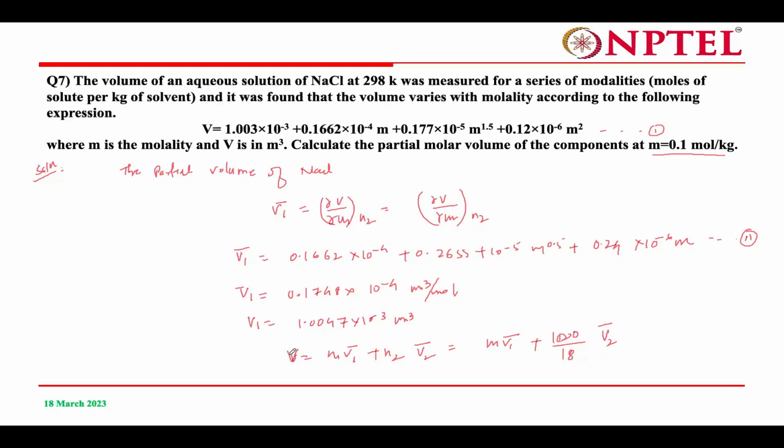Now we know the v value, v1 value, m value. We have to calculate v2, 0.05 into 10 to the power minus 6 meter cube per mole, right?